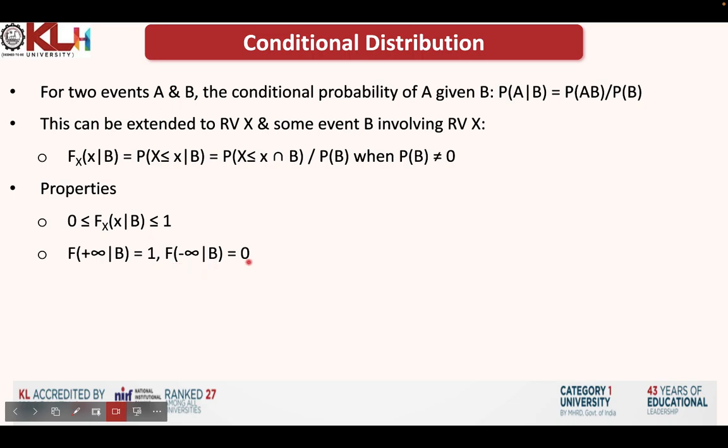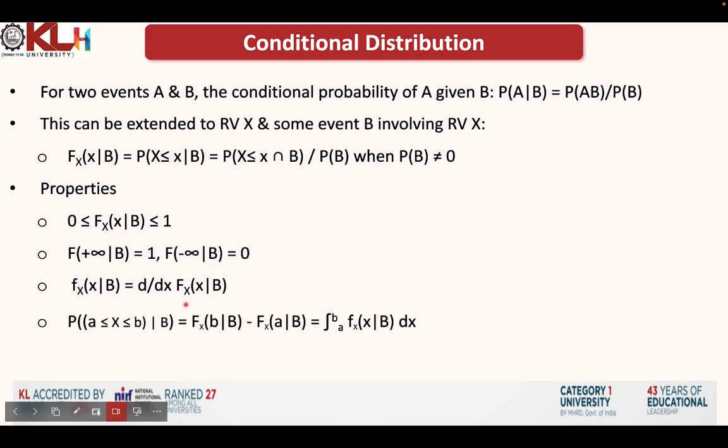For minus infinity, the probability is 0. And the PDF of x given b is the differentiation of the CDF, similar to what we saw in the continuous case.